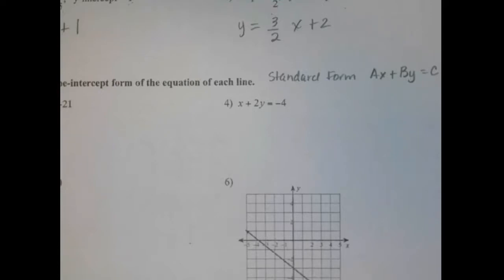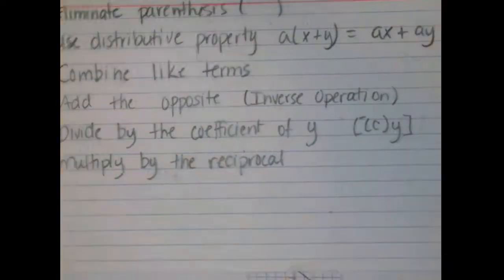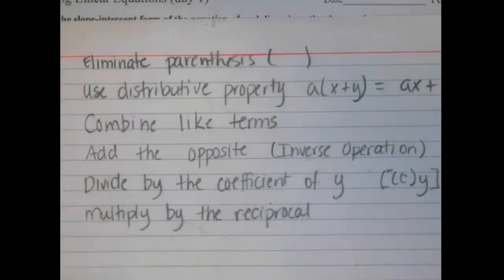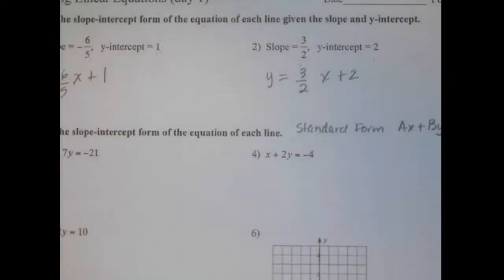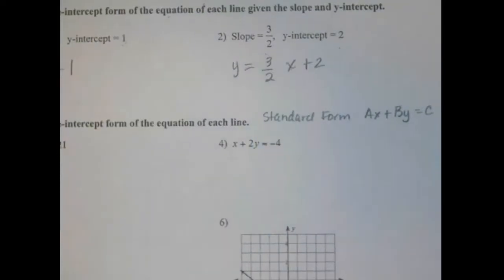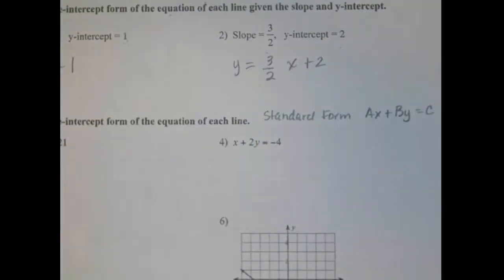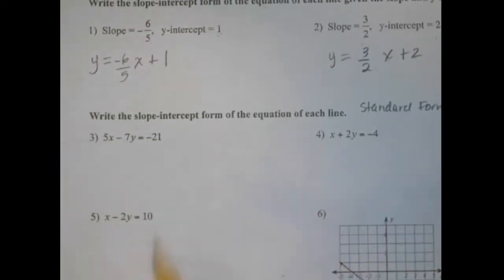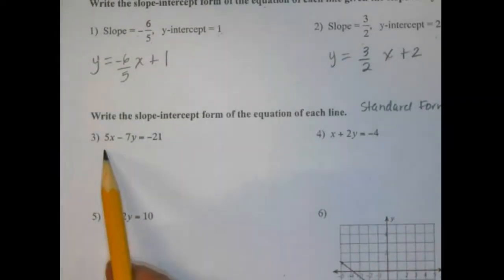We're going to change them into slope-intercept form. And that means using our list. So if you have your list of steps, go ahead and take it out right now. You have your list out. Okay, so we're going to change this into our slope-intercept form.